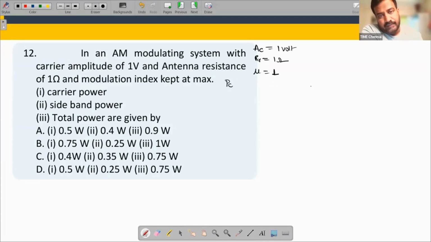Find carrier power. AC square by 2R, it's 0.5 watt.